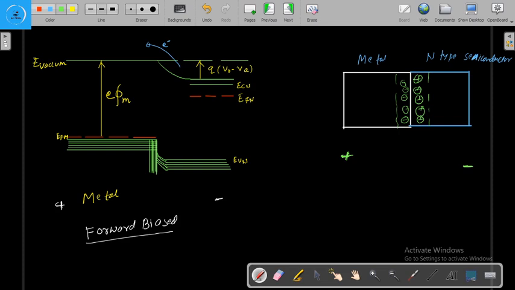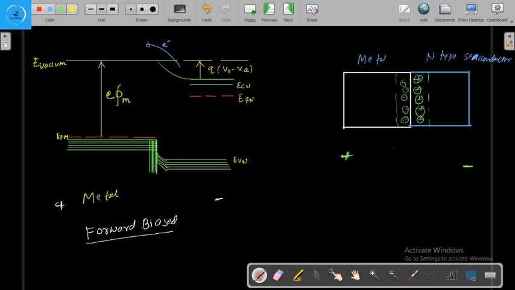and due to this, the energy band diagram of the metal will come down, and the energy band diagram of the n-type semiconductor will go up, right? Why?